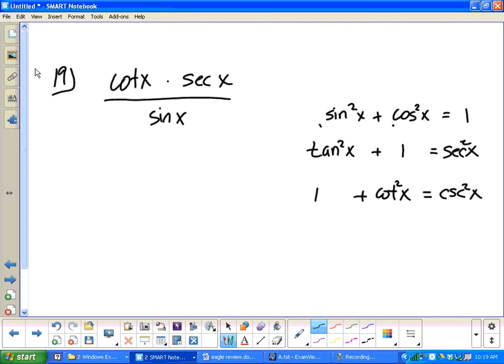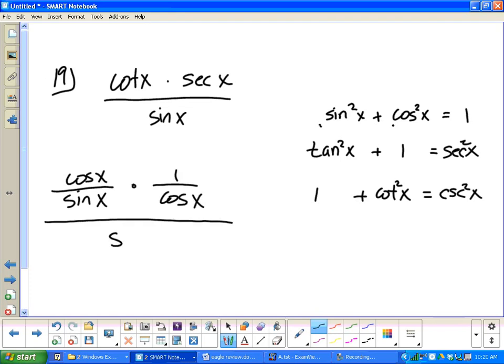All right, now this one, no squares, no ones. I think this one doesn't use any of them. Okay, but let's see what we can do. So if we don't see any Pythagorean identities, we see multiplication. We'll change everything to sine and cosine. Now, the division thing, remember we can always change division into multiplying by the reciprocal. Okay, so we'll use that. Now, cotangent is cosine over sine, all right? And then secant is 1 over cosine.